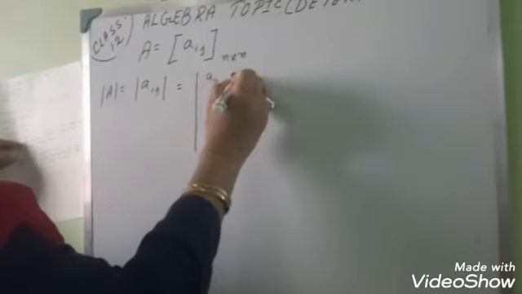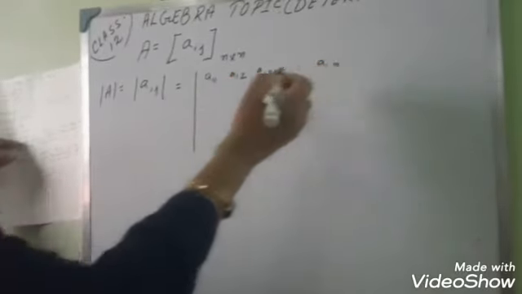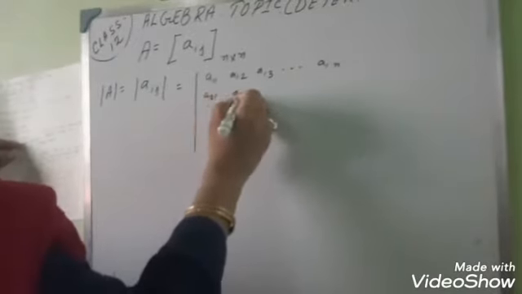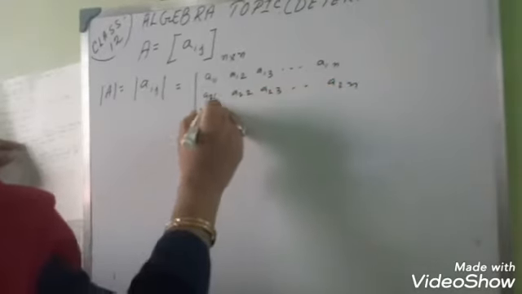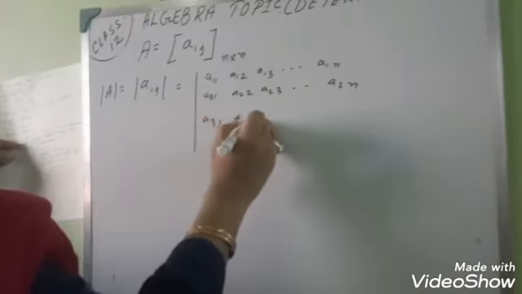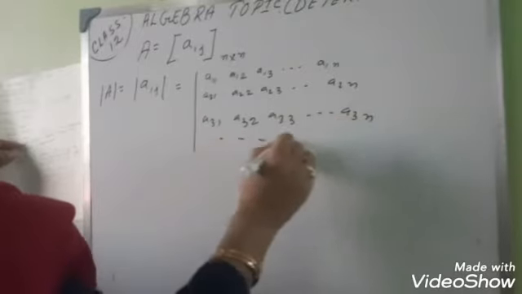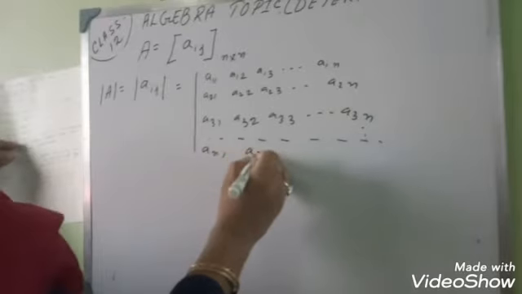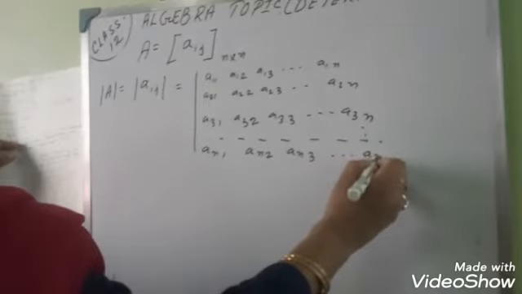So what will be the elements then? a11, a12, a13, a1n, a21, a22, a23, a2n, a31, a32, a33, a3n, an1, an2, an3, ann.